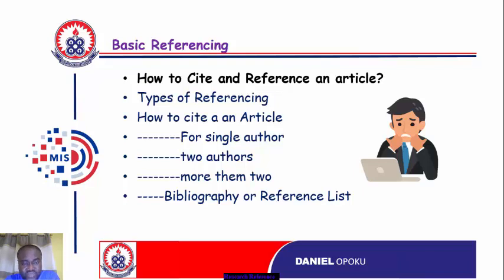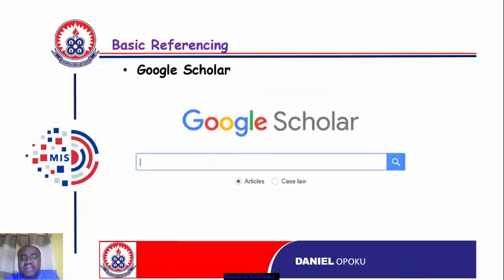Hope it's clear. Good. So now let's see how to get an article online and also how to reference an article. What you can do is first go to Google and go to Google Scholar. When you go to Google Scholar, you're going to see this on your screen. So you see Google Scholar. Then inside the search field over here, it asks what you want to search.